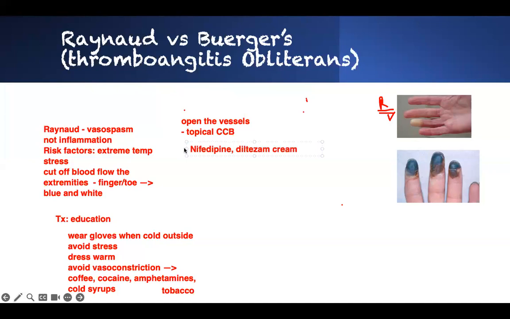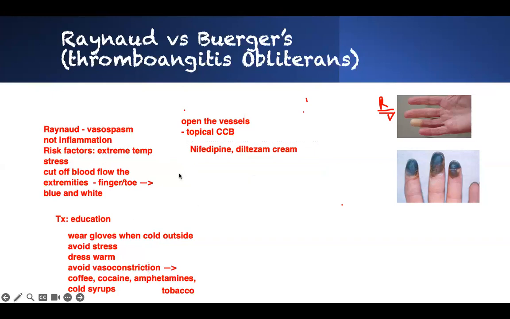They can put it on and rub it in, and it can open the vessels, and they will do fine. Or they can just put their hand in warm water when it happens, just something lukewarm to open the vessel. But the topical agent is what they usually use. That's the most common medication they can give: topical calcium channel blocker for Raynaud phenomenon.